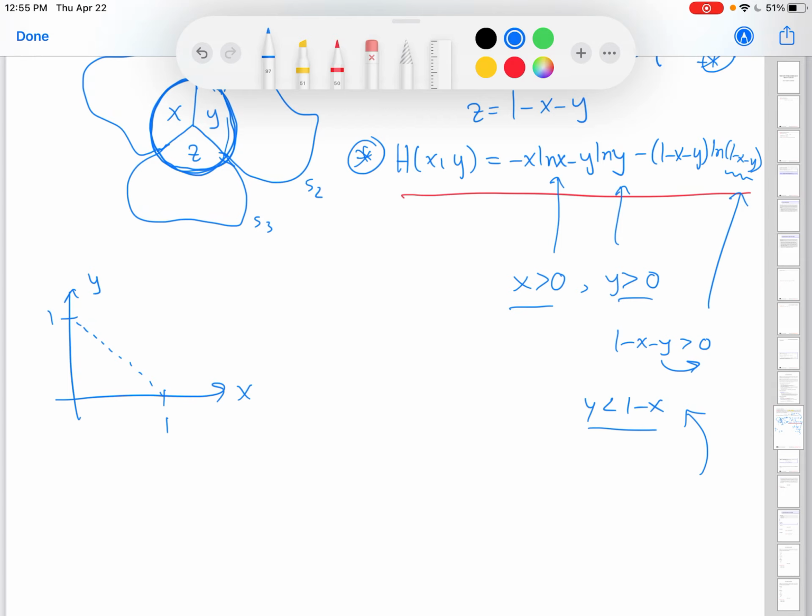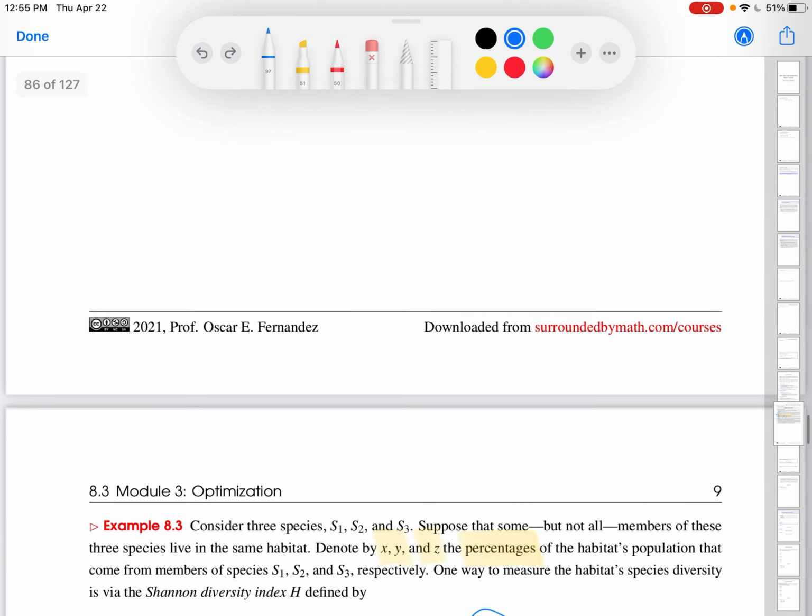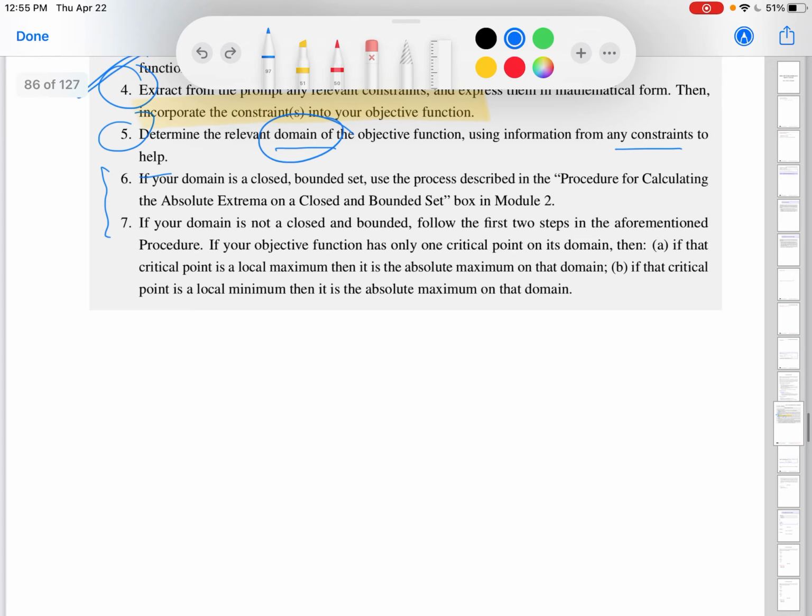So I need to be below it. But also I have to be above the x-axis and to the right of the y-axis. So basically this is my domain, the interior of this right triangle. So not including this base, not including this height, and not including that line. So that's my domain. Great, so I figured out my domain, so that is number 5.